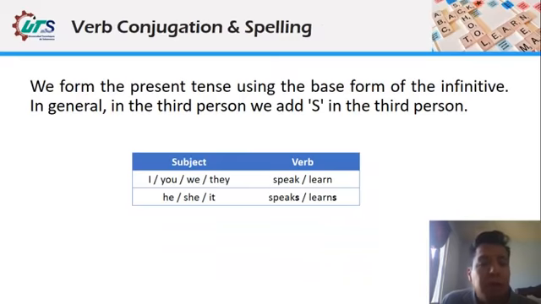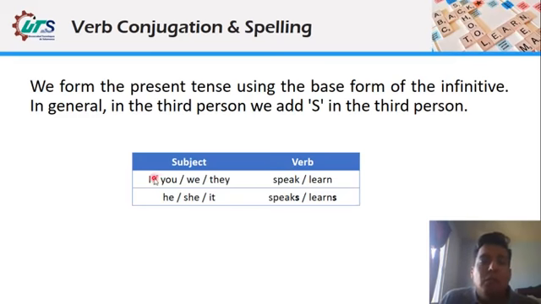Let's check the other verbs. What happens with other verbs? We must make a difference between the subjects. For example, in one row we have I, you, we, they, and the verb, and in another row we have she, he, it, the third person singular.